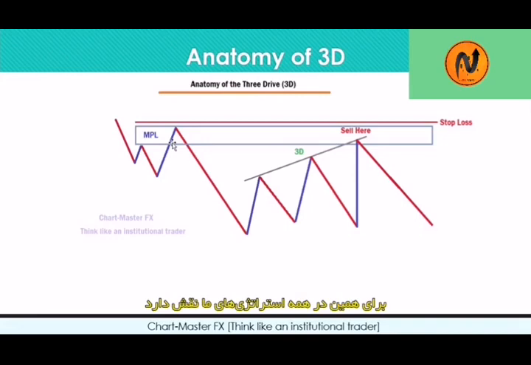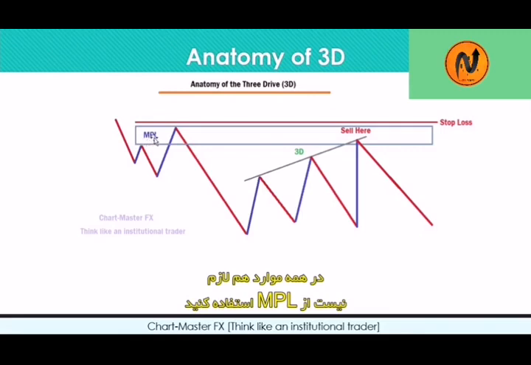That's why you see that the MPL is the most presented setup on every standard operating procedure. Why? Because it is more effective as compared to other decision points.